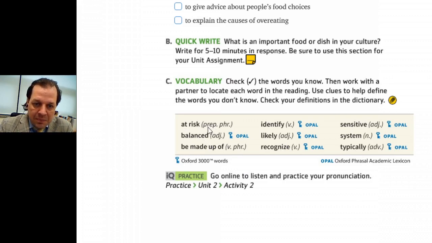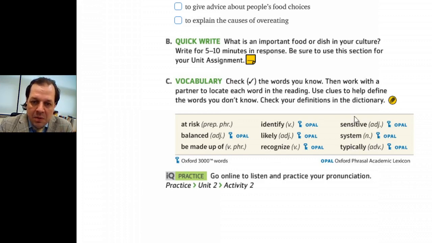Here's a prepositional phrase, at risk. Balanced, an adjective. Be made up of is a verbal phrase. Identify is a verb. Likely, an adjective. Recognize is a verb. Sensitive, another adjective. System is a noun. And typically is an adverb.